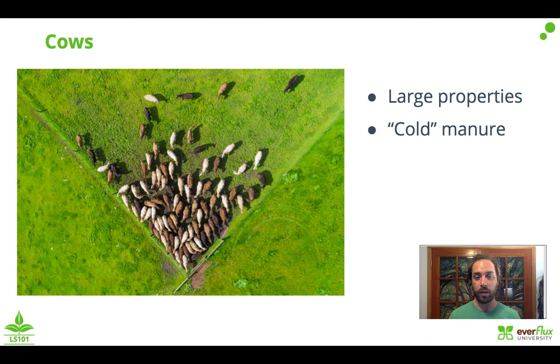And finally, cows, of course, are the classic grazing animals that most people are familiar with. They are just so big that you really have to have a pretty large property. You really have to have a full-fledged farm to have cows, so they're probably not going to work as well for your small market garden or your home garden.